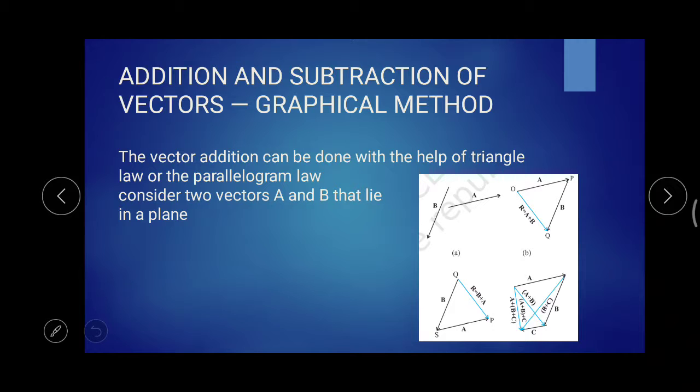You have two vectors A and B, and you have to find the sum, that is vector A plus B. As per the graphical method, you have both vectors and their direction. The length of the vector denotes its magnitude. So come to the first step of the triangle law.